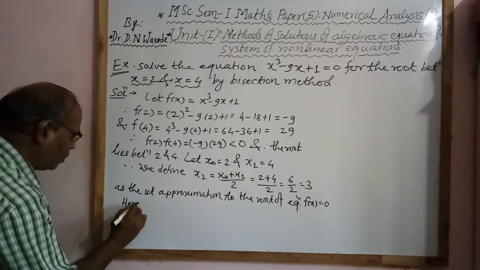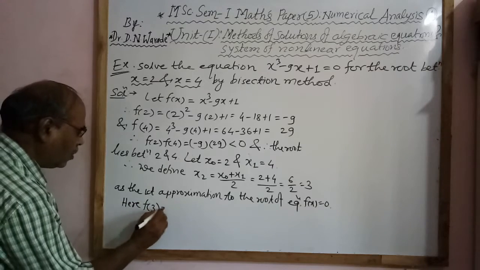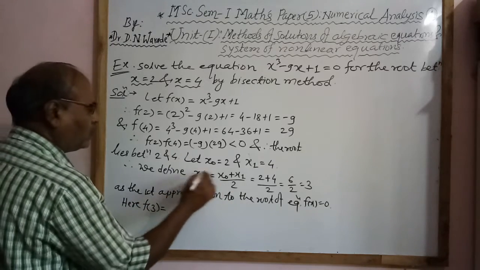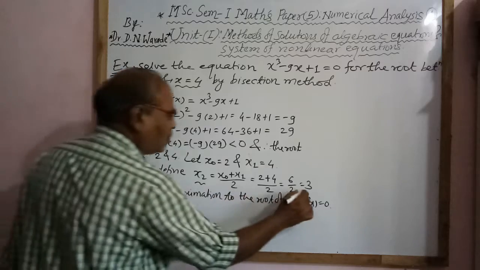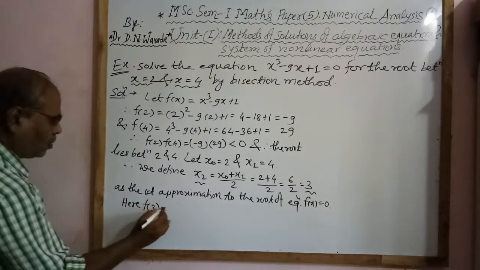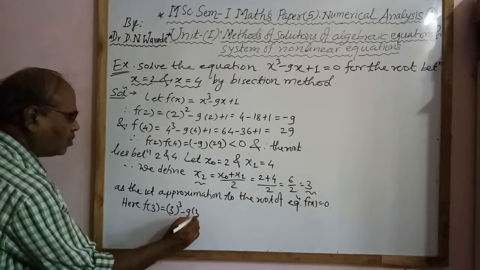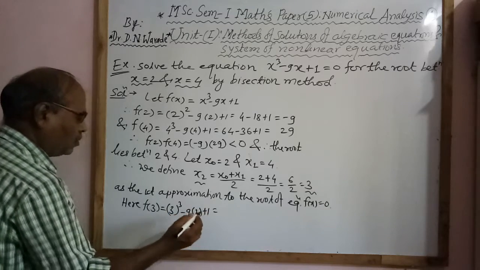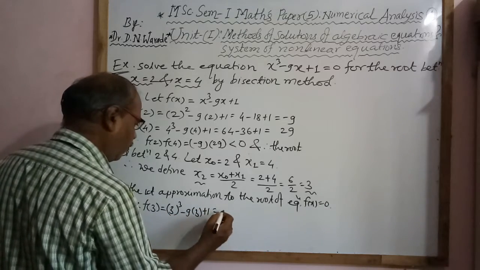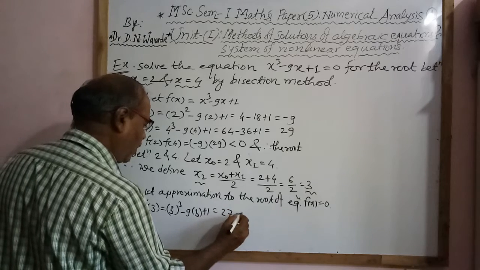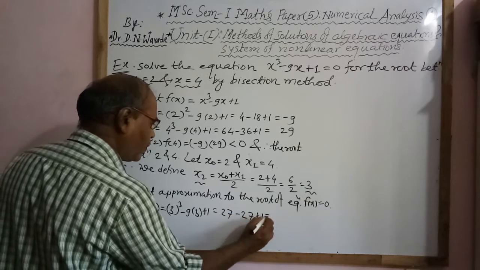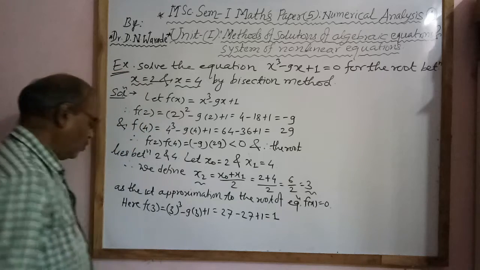Now here x2 equal to 3. Therefore, we find f of 3 equal to 3 to the power 3 minus 9 into 3 plus 1, 27 minus 27 plus 1, we get the value 1.